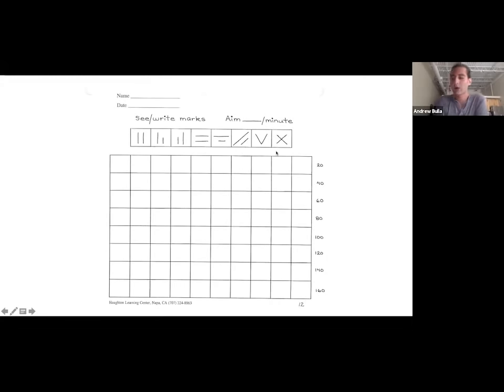Let's say we're working on some tool skills with learners. So this is a great program. This is Elizabeth Houghton's handwriting program, available at houghtonlearningcenter.com. And this is one that I've used a lot with young learners with autism when they're beginning to write. So rather than having learners just trace big letters, we can focus on a series of marks.